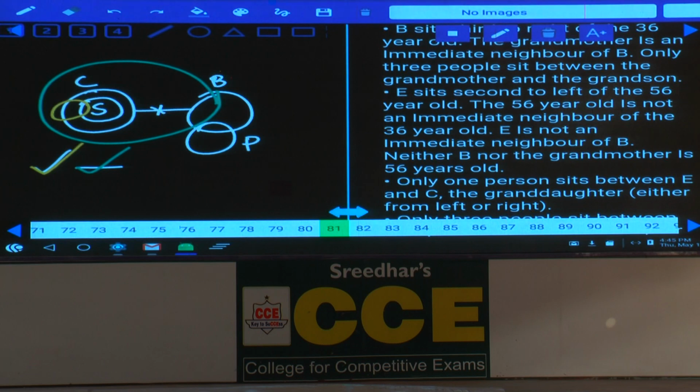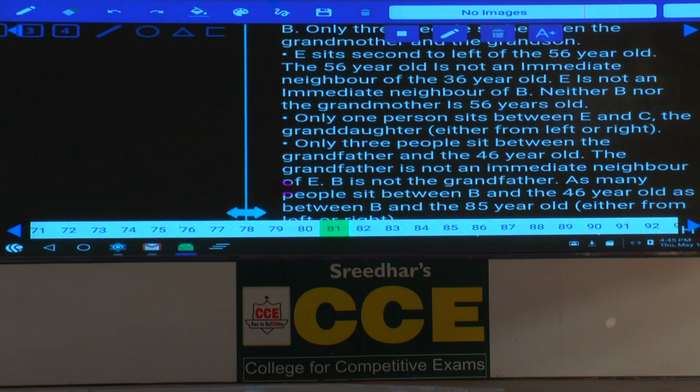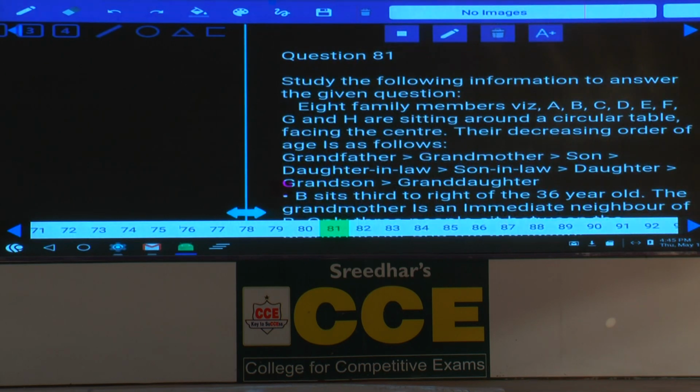Now question numbers 81 to 85. These 5 are based on 8 family members A, B, C, D, E, F, G, H seated around a circular table facing the center. Their decreasing order of age is also given. Who is the eldest person? Grandfather. Next is grandmother, son, daughter-in-law, son-in-law, daughter, grandson and granddaughter, isn't it?